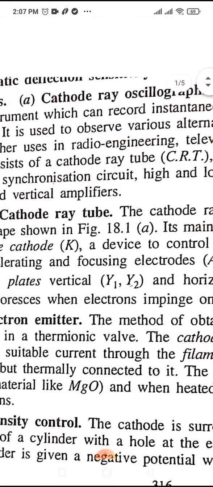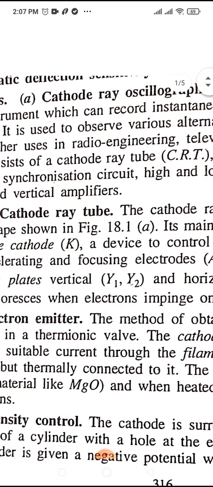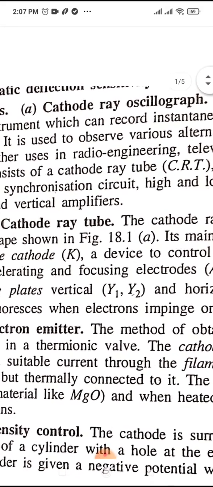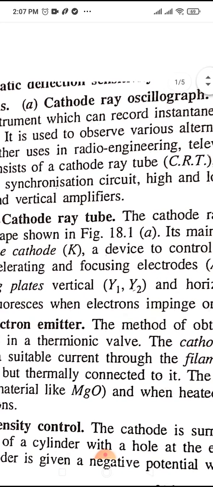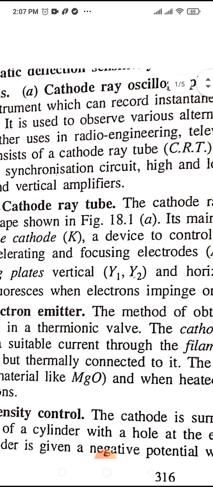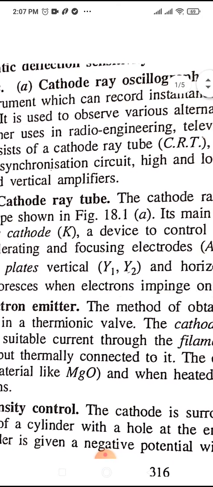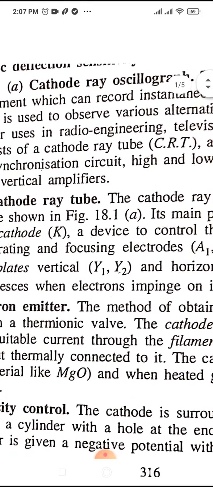Cathode ray oscillograph is an instrument which can record the instantaneous value of a rapidly varying voltage. It is used to observe various alternating current waveforms and put to other use in radio engineering, television, and also in industry.